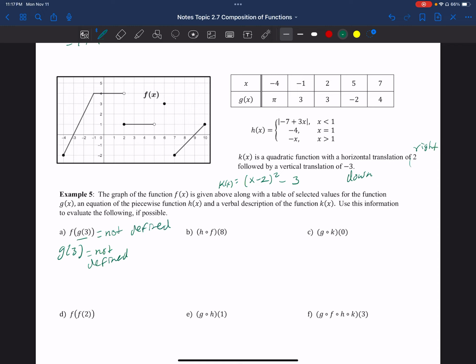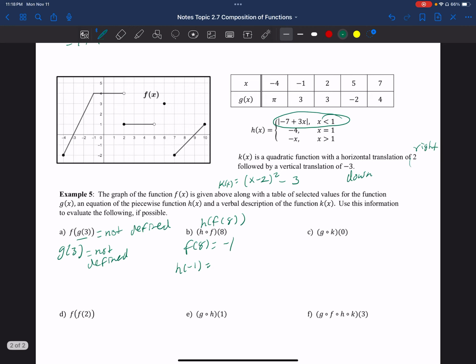Okay, for the next one, I'm looking for h of f of 8. So when I look in my graph, when x is 8, my y value is -1. So I'm going to do f of 8 is equal to -1. Now I need to input that -1 into h, so I'm looking for h of -1. So when I go to h, I need to plug it in here because any number less than 1 will use that equation.